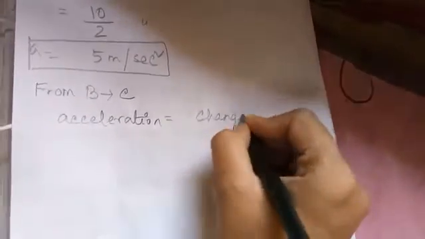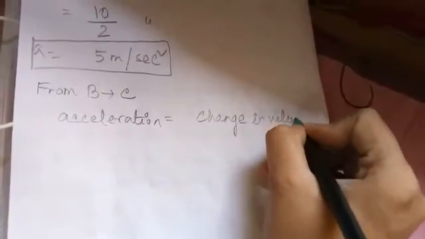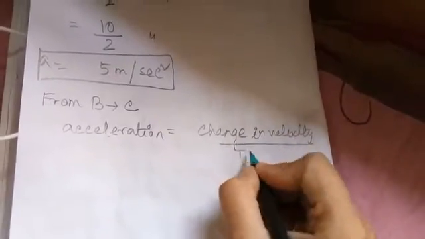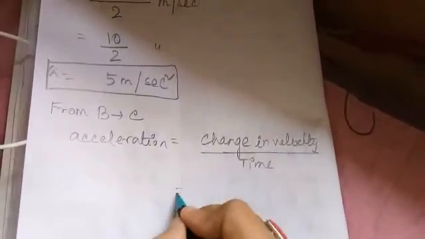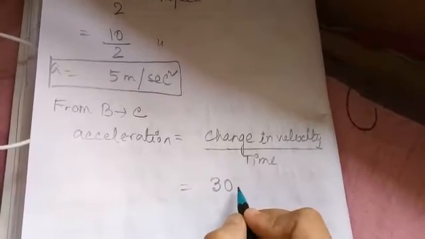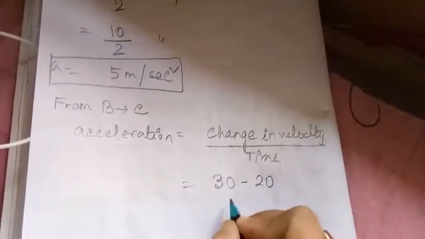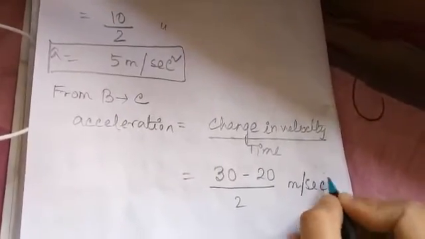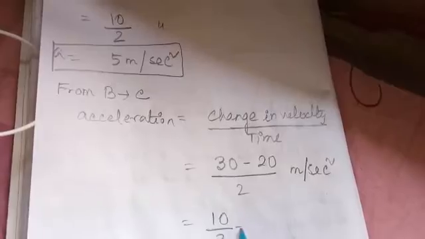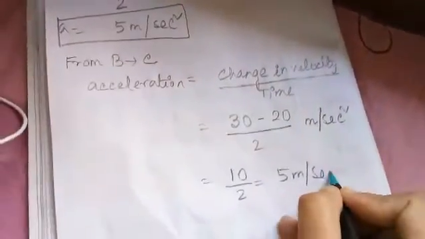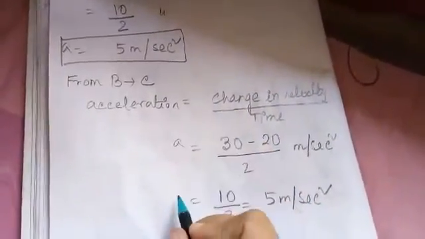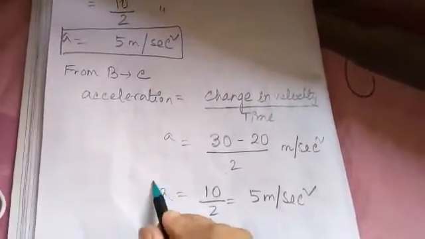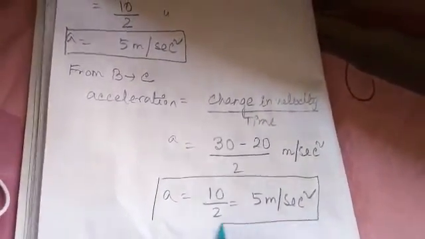So change in velocity by time: final was 30 meters per second, initial was 20 meters per second, time taken is 2 seconds. So 10 by 2 equals 5 meters per second square. So from B to C the acceleration is also 5 meters per second square.